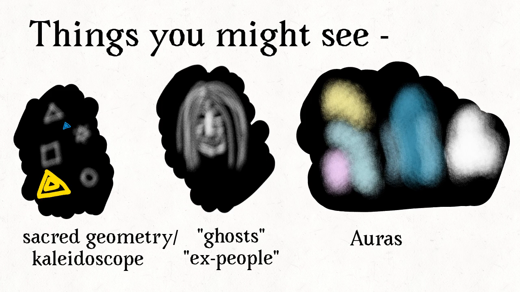See sacred geometry or kaleidoscope style effects in the air. You might see apparitions or ghosts of people who used to be alive. You might see auras. And finally, you might see completely into other realities. I've shown it in red because that's how I see it.